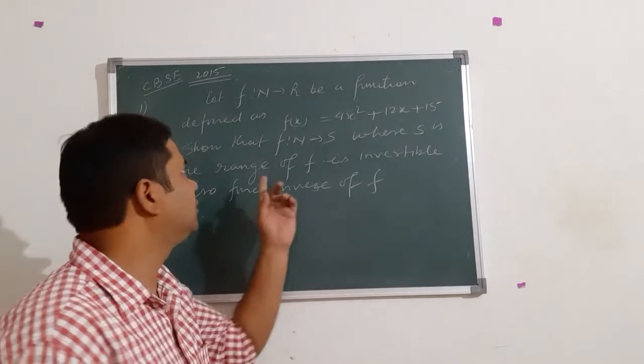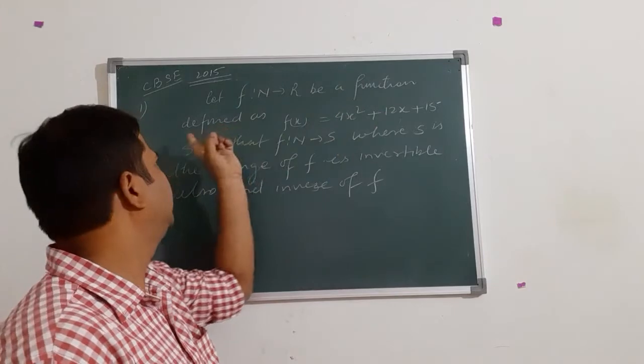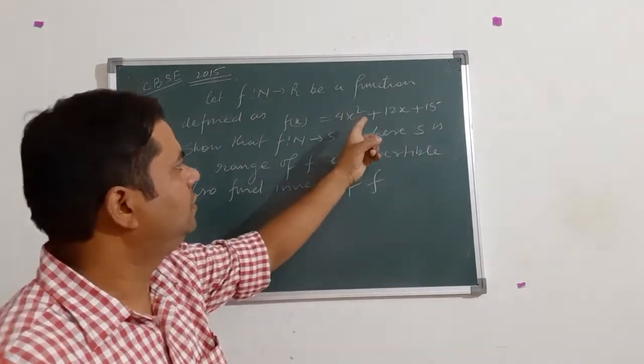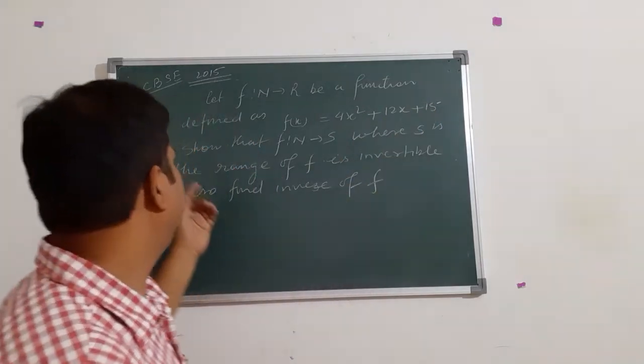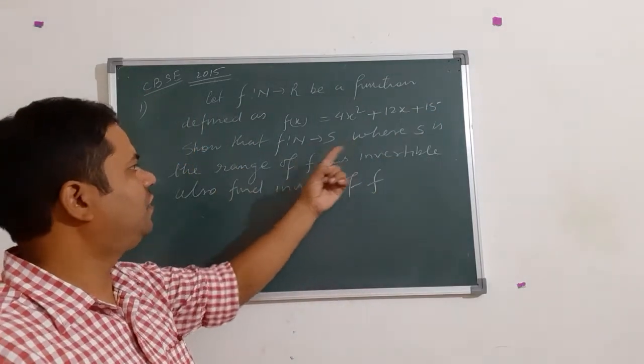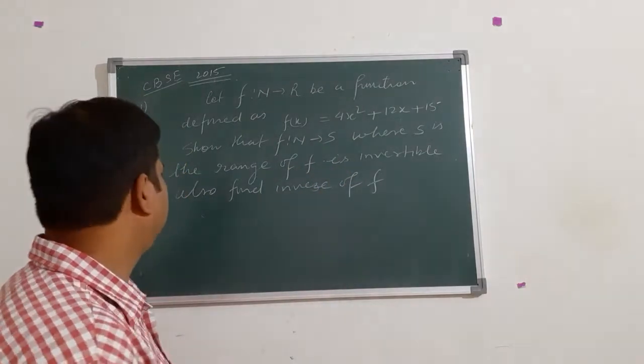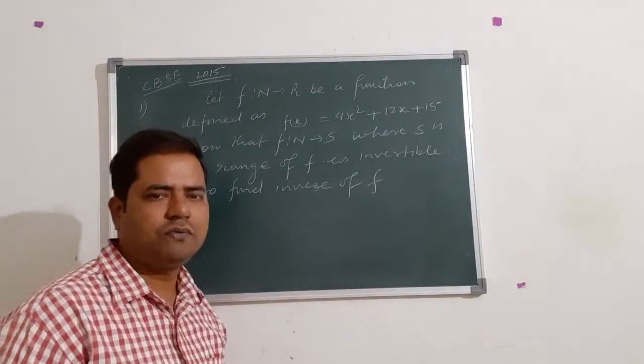Okay, again I repeat the question. f from N to R is a function defined as f(x) = 4x² + 12x + 15. Show that the function f from N to S, where S is the range of f, is invertible, and also find the inverse of f.